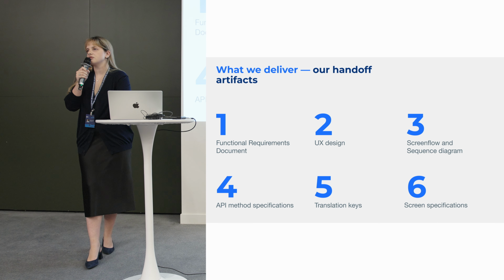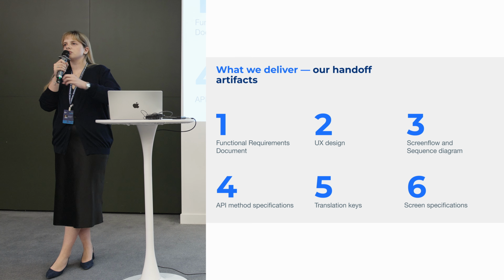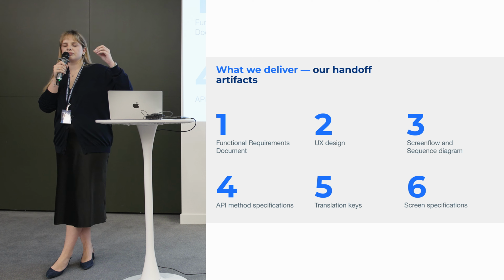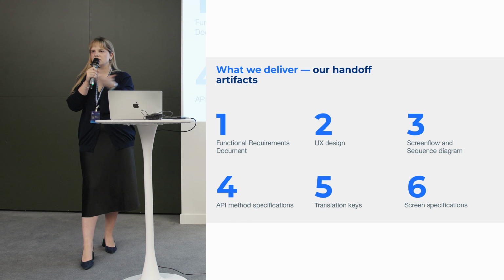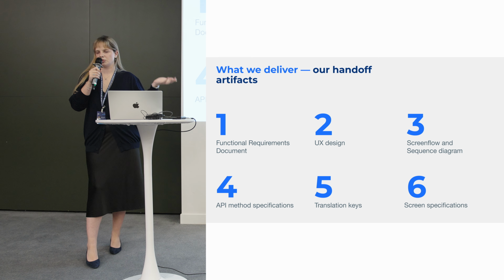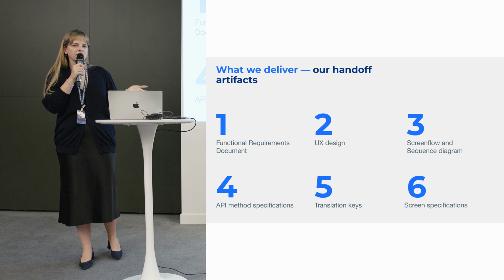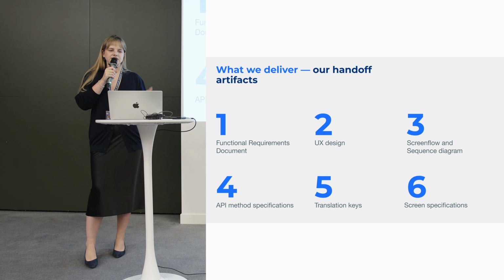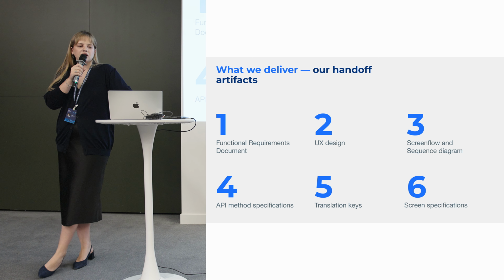As I already said, the first thing is the functional requirements document, which is like shared memory, high-level requirements for all, and you can just scan it and understand what it's about. The second thing is UX design, prepared by our designers. The third is screen flow and sequence diagram. Next is API method specifications and security restrictions.